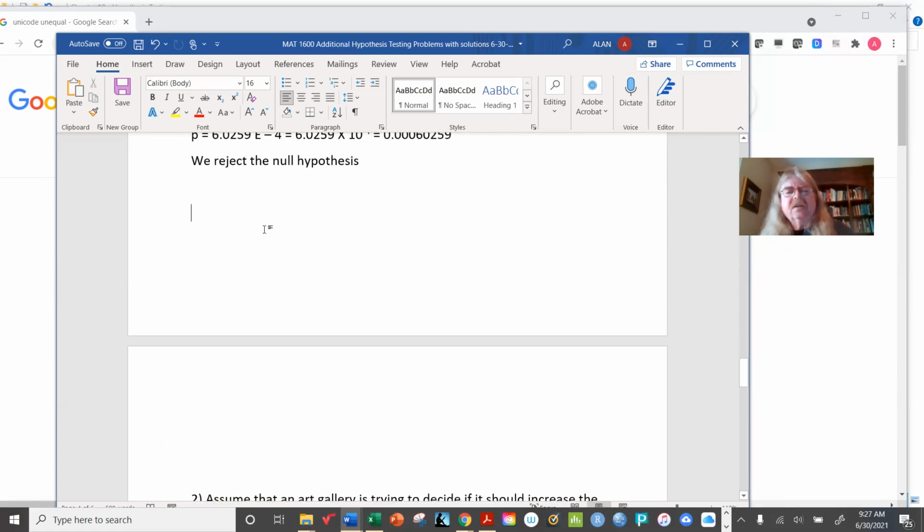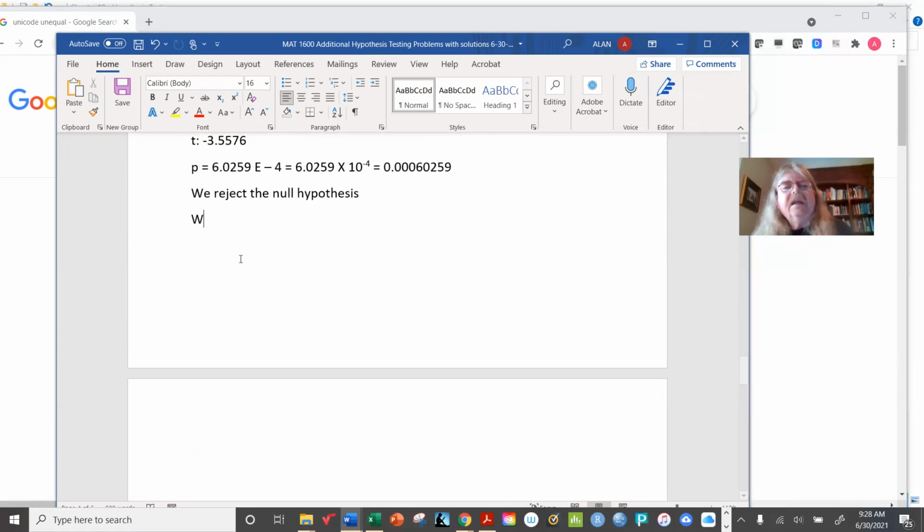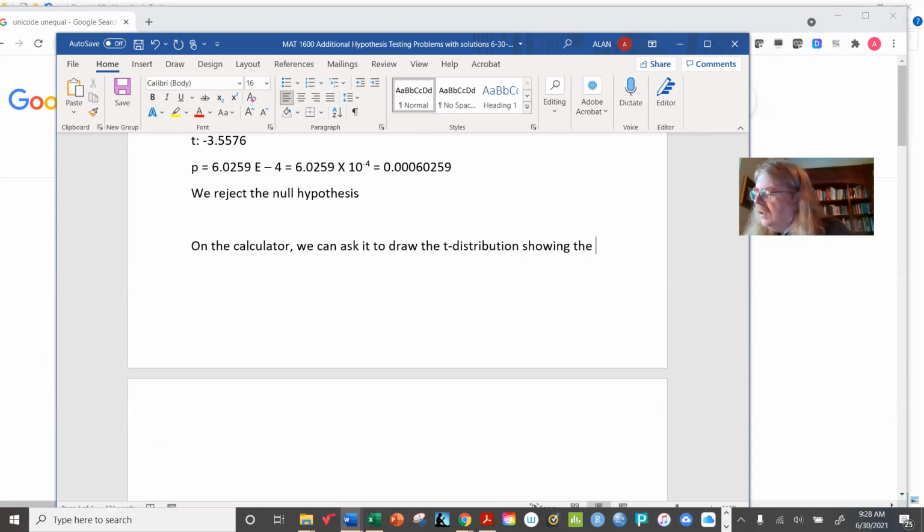Now, by the way, I don't know if you noticed this or not. If you go back to your same t-test, leaving all the data in place, at the very bottom, where it says calculate, we can ask the calculator to draw the t-distribution, showing the test statistic and the p-value.